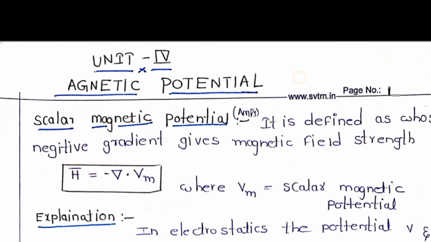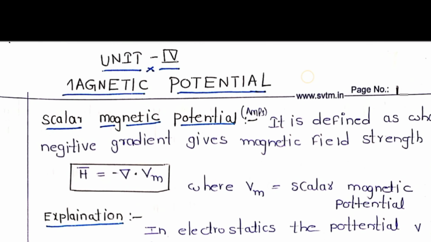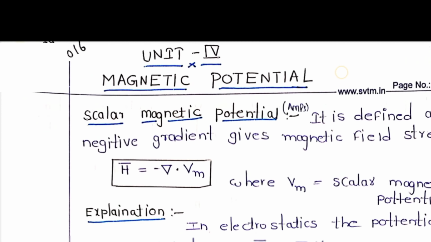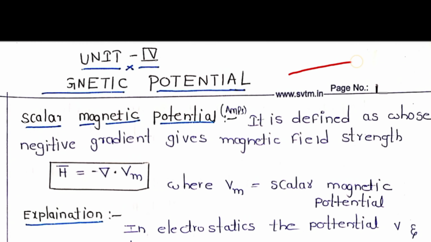The magnetic field intensity, or magnetic field strength, is produced due to current. Whenever current passes through a conductor, the moving charge creates a magnetic field, that is B or H, the magnetic flux density or magnetic field intensity.